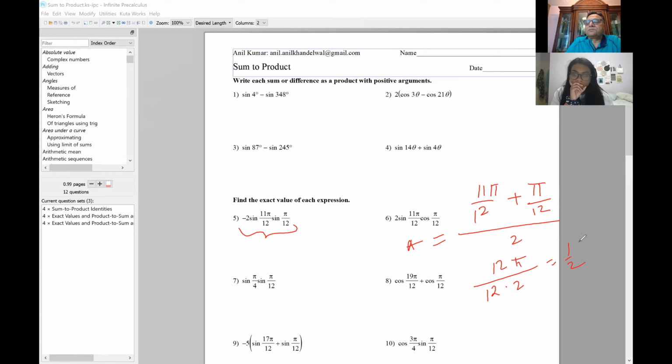To find b, it's the same thing, just minus. When you do minus, 11 minus 1 is 10, so we get 10 pi by 12 times 2, which is 5 pi by 12. Use those values and get your answer. Is that clear to you? Minus 2, keep it separate.